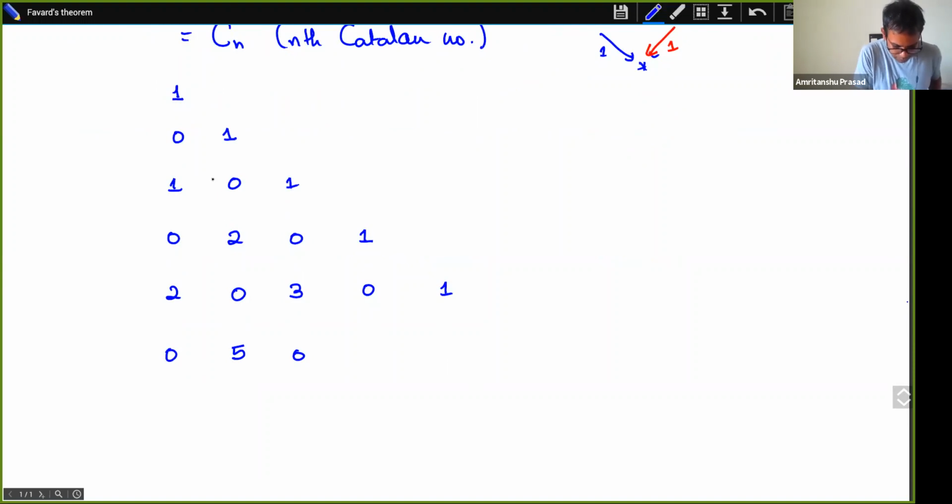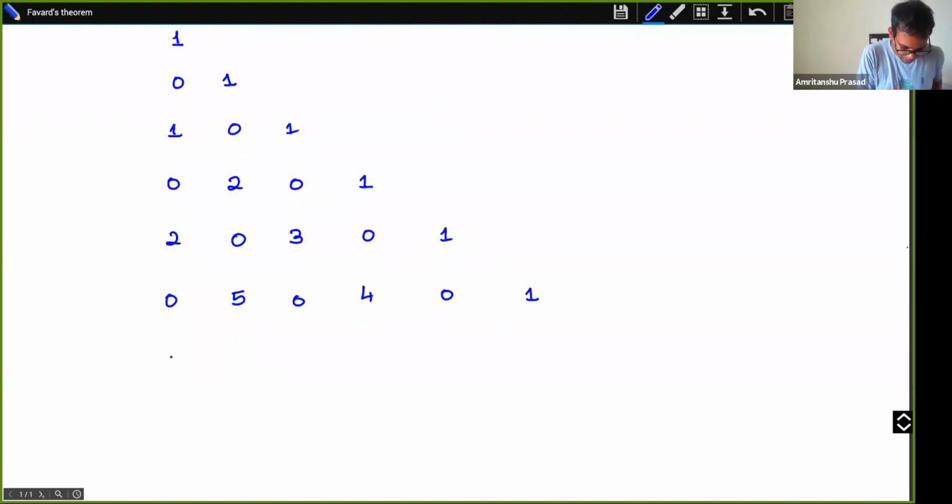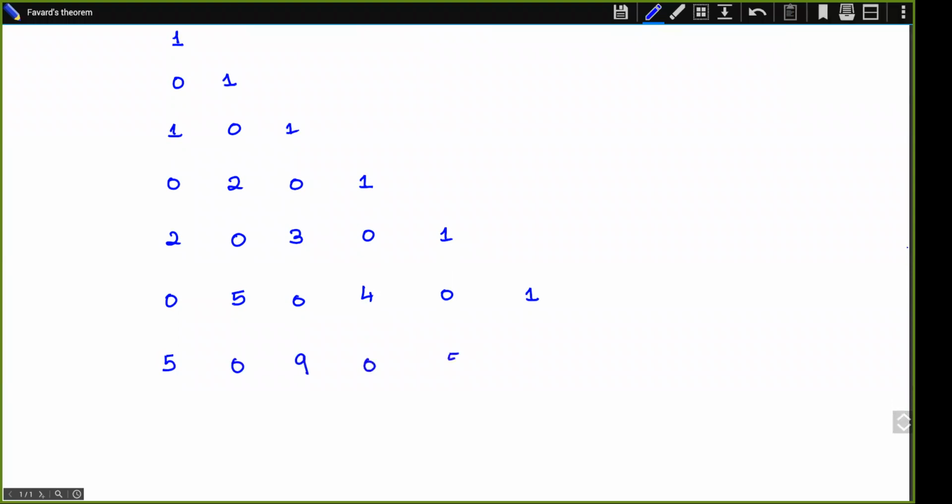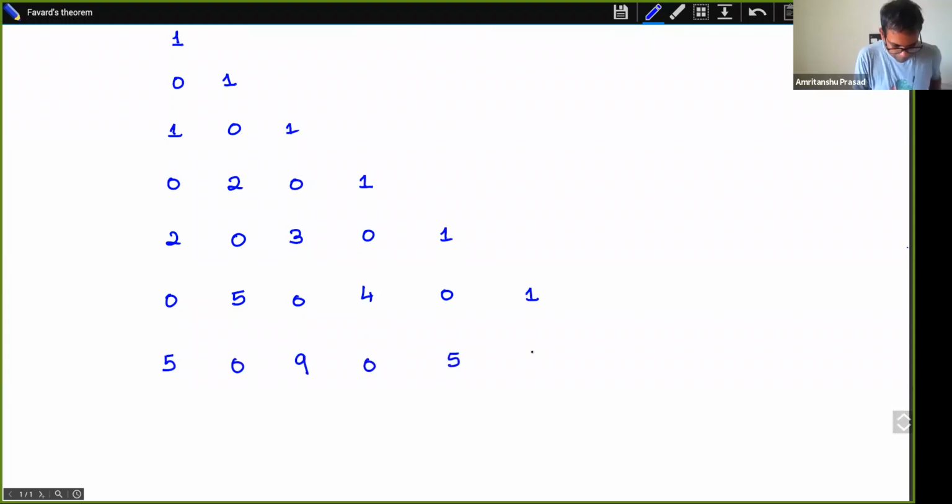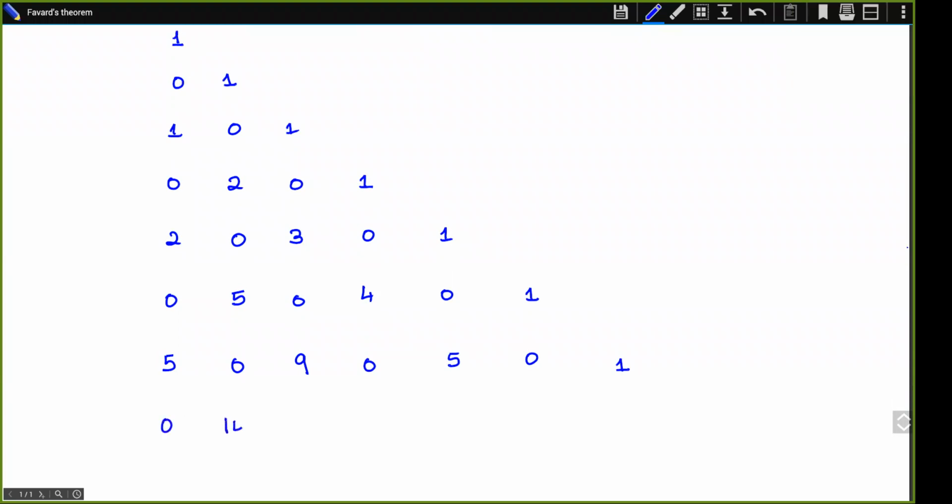So there's a lot of empty space here. Then 5, 0, 9, so all the even diagonals are nonzero and the odd diagonals are 0. You start counting with 0 here.